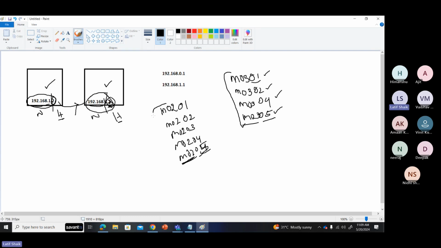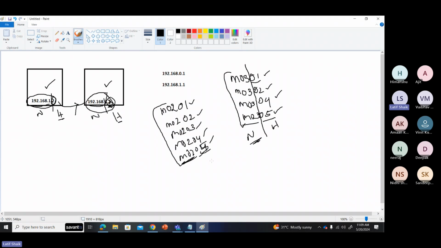In this batch, these are each person's numbers. In this batch, these are their people's numbers. This is how it is logically divided. This is like the network version, and this is like the host version. So the network part is the same for everybody in the same batch.